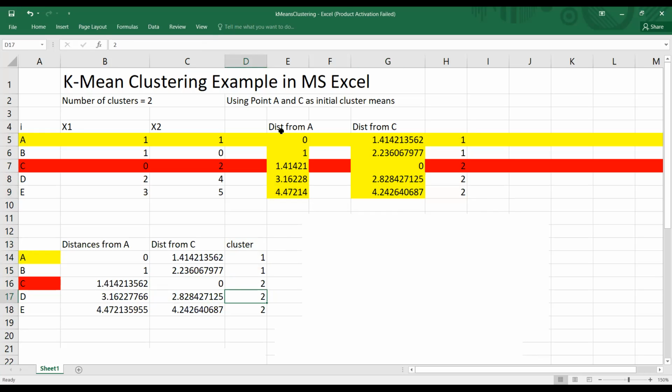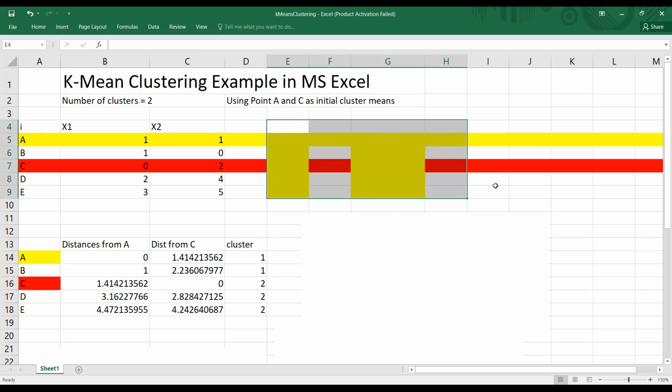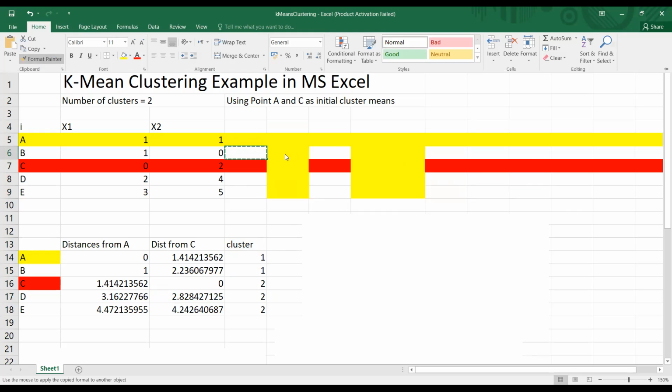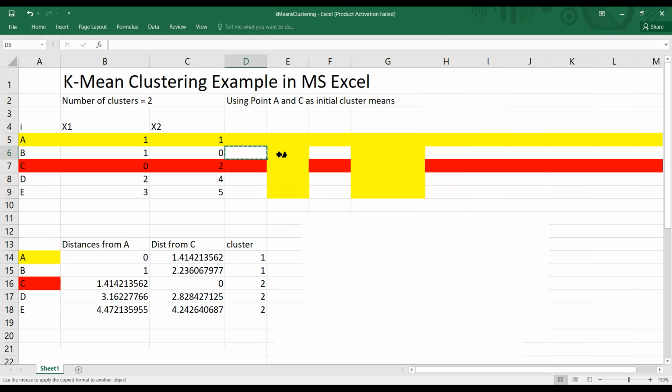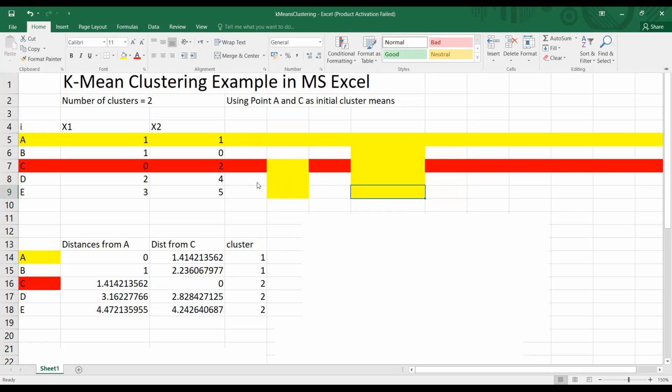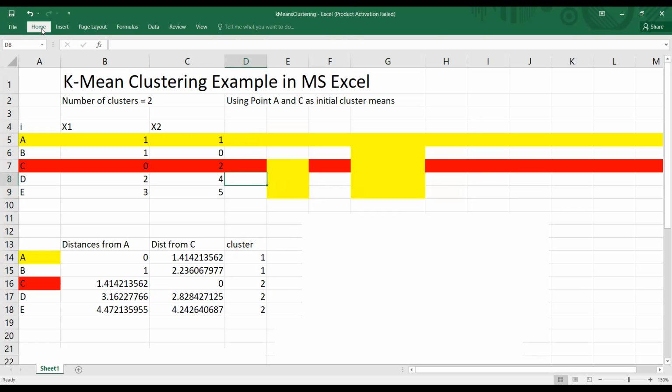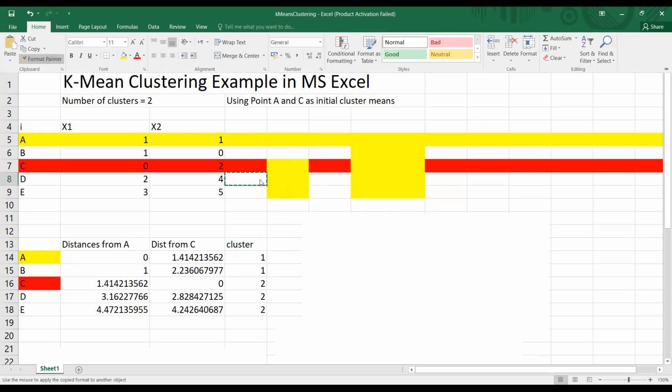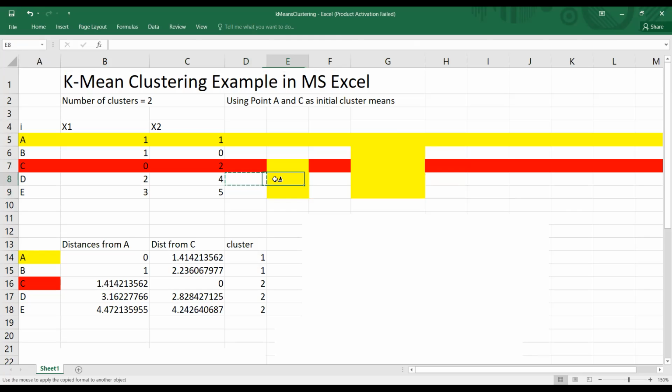So I can erase this data from the spreadsheet, and apply this formatting to all of these cells.